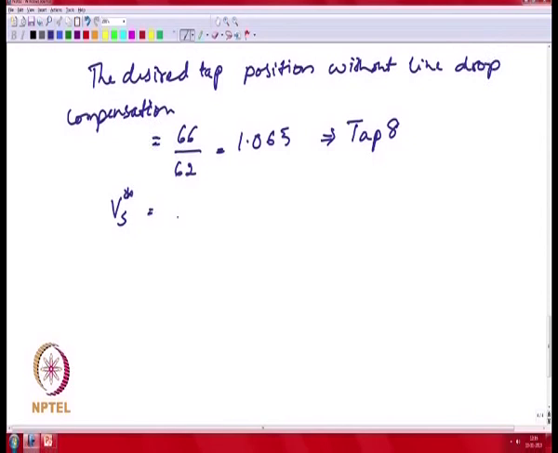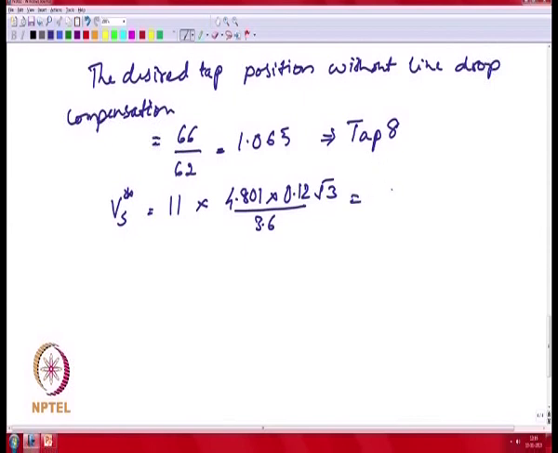in this particular case would be 11 kV plus 4.801, which is your RL prime into 0.12 root 3 by 3.6.